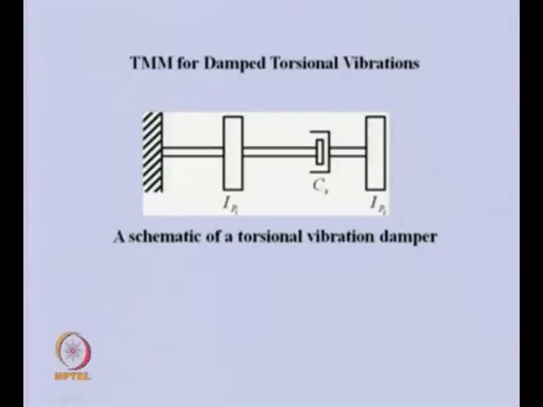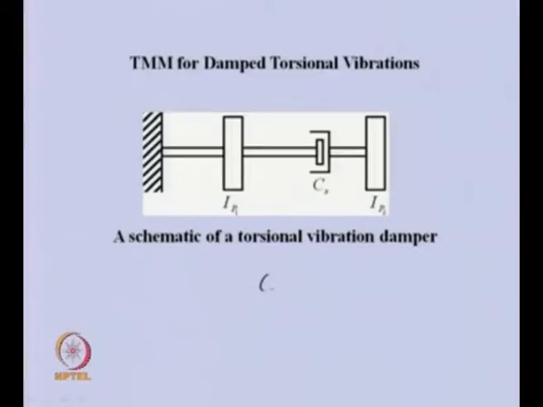So this is a picture of the external damper which is added between two discs in the shaft, and generally here this is the damping coefficient Cs, and this coefficient multiplied by the relative velocity between either end of this shaft will give us the damping force.